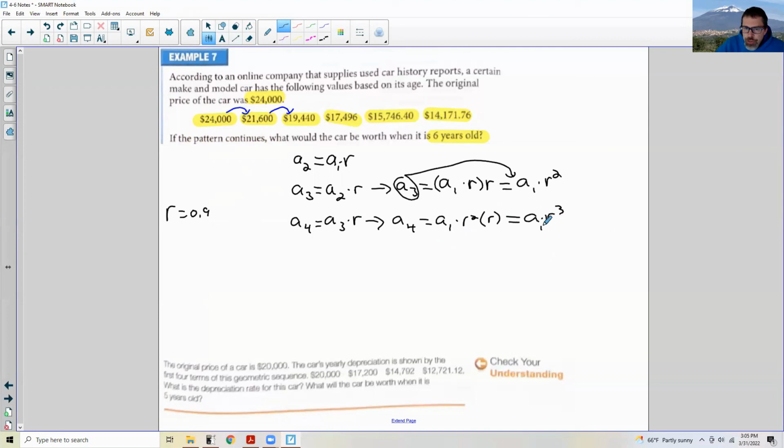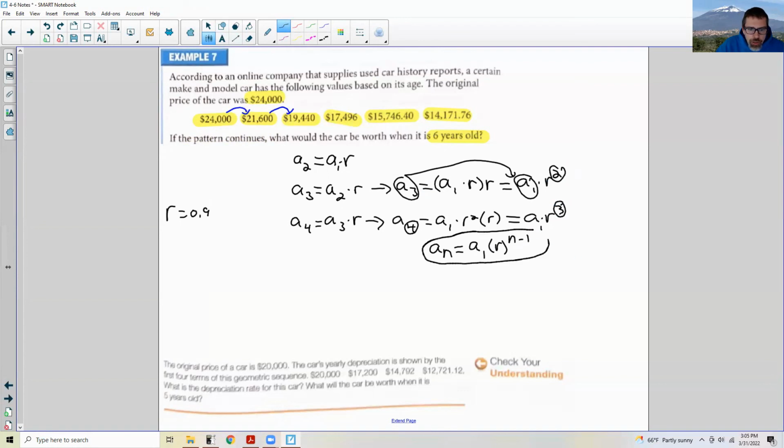So the pattern emerges, and so a with n number of terms is going to equal a sub 1 times our common ratio to the power of n minus 1. See how this was a sub 4? It's the first term times R to the third. A sub 3 was the first term times R squared, one less. So a sub n equals a sub 1 times R to the n minus 1.